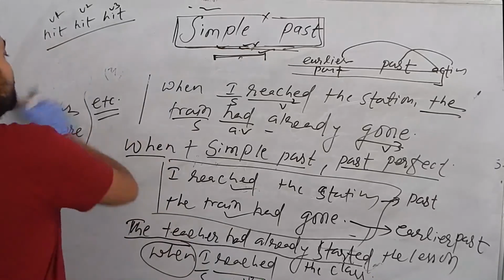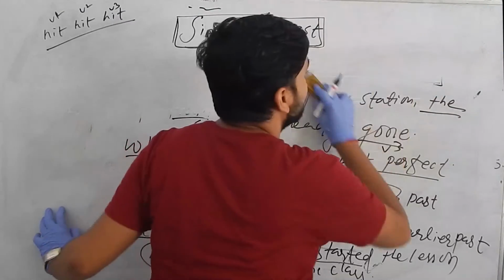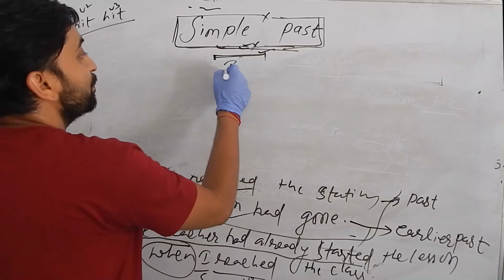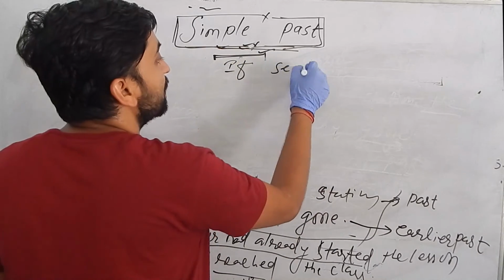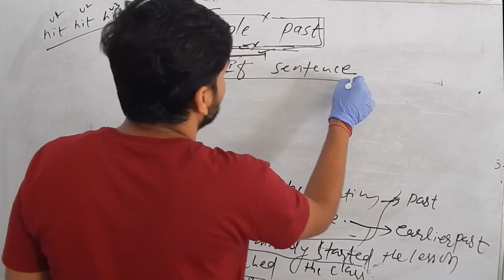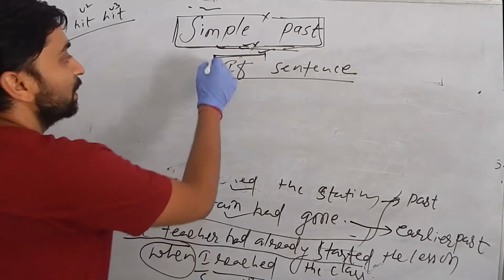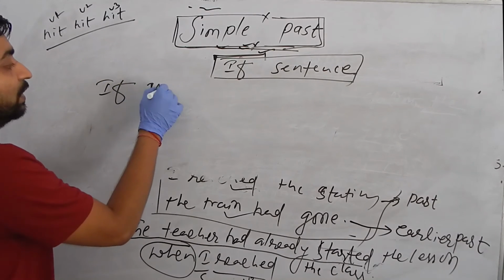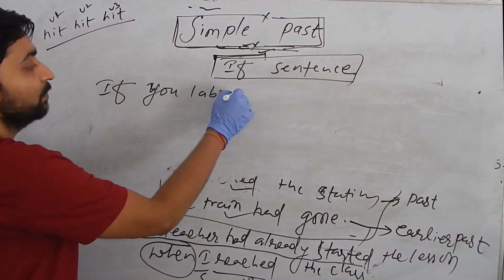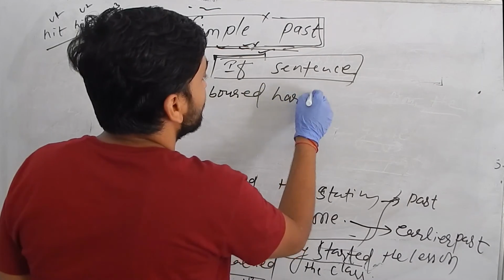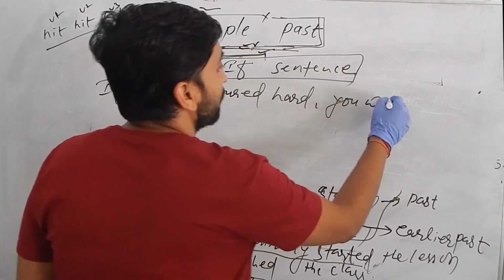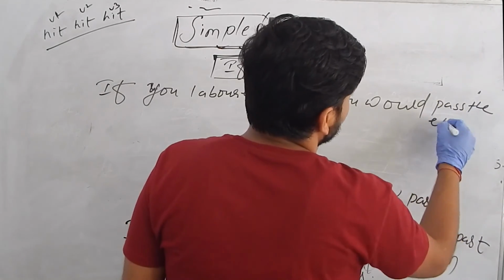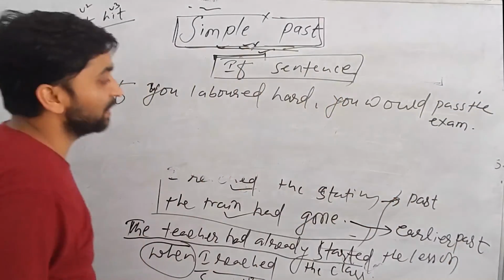And the last one, now once more try to give attention. This is the last one. One more: even simple past is used in if sentences also. If sentence. Now we should pay attention to how this is used. If sentence like: if you labored hard, you would pass the exam. Okay. This is another use of simple past tense.